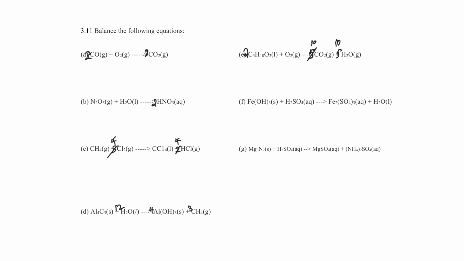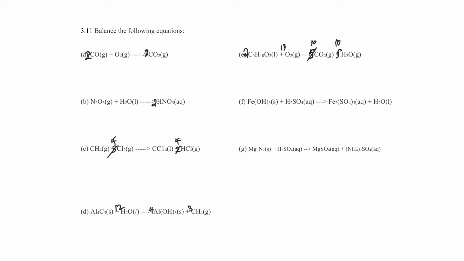I have 30 oxygens. How many in the first molecule? 2 times 2 is 4. That means I have 26 more oxygens on the left. So that's 2 times 13 is 26. So it'll be 2, 13, 10, and 10. That was a hard one.